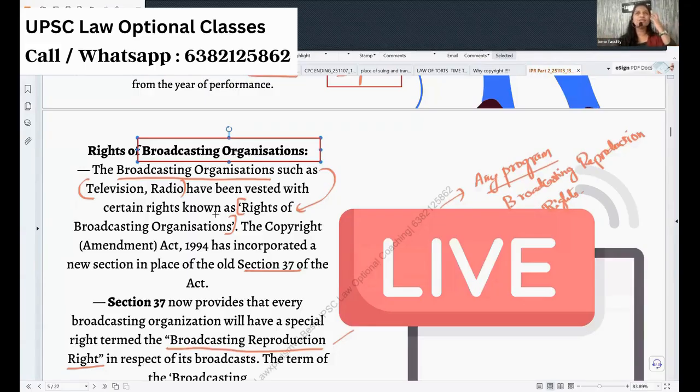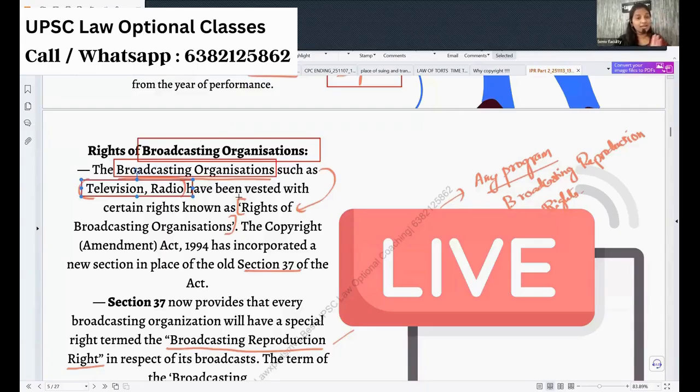But earlier we used to watch HBO, and also Sun TV is quite popular in Tamil Nadu. And then we have all regional TVs, and Vijay TV and all those. So these are all broadcasting organizations that exist in television as well as radio, and they have been given certain rights.